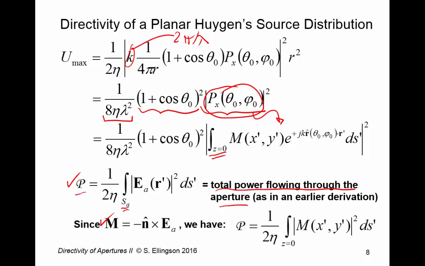And then also you'll remember the boundary condition that applies here, the relationship between the electric fields in the aperture and the magnetic current distribution. So we find that the total power is just 1 over 2 eta times an integration of the magnetic current distribution in the aperture magnitude squared.